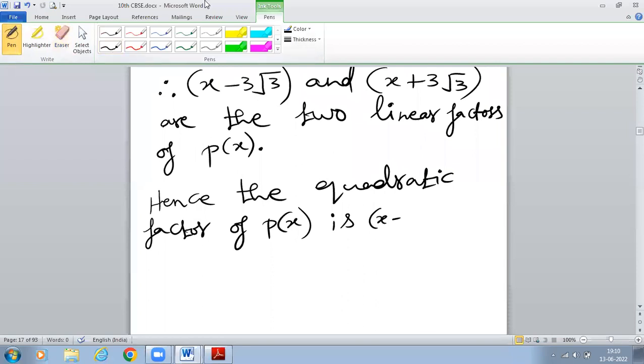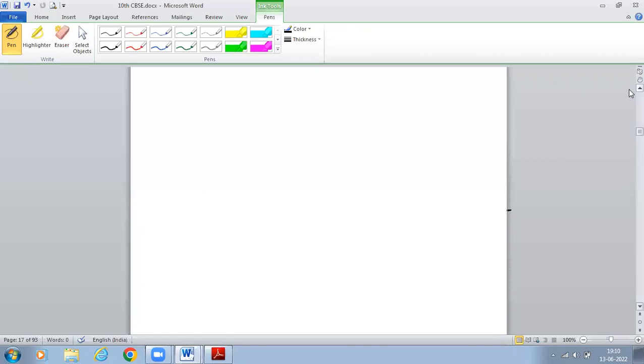Hence the quadratic factor of p of x is x minus 3 root 3 into x plus 3 root 3. When you multiply the two linear factors, you get the quadratic factor of the given polynomial.